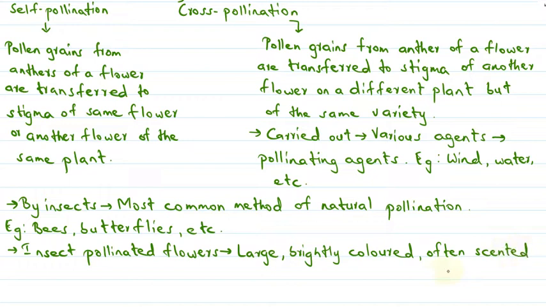These characteristics of flowers actually help in attracting the insects towards them. These characteristics can be found in flowers like roses, marigold, etc.